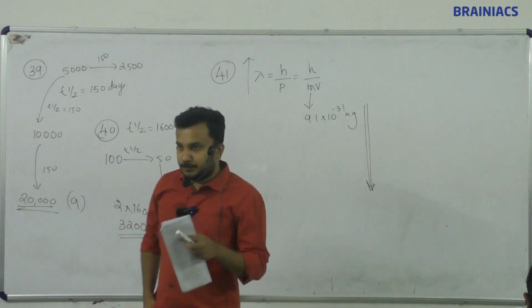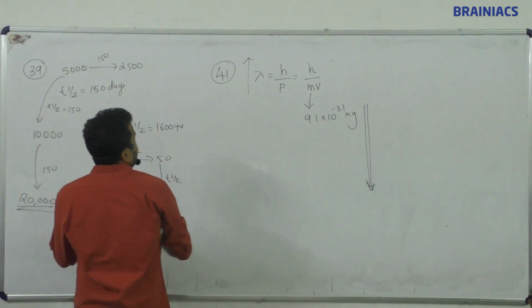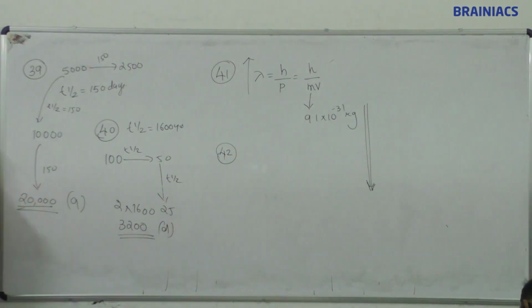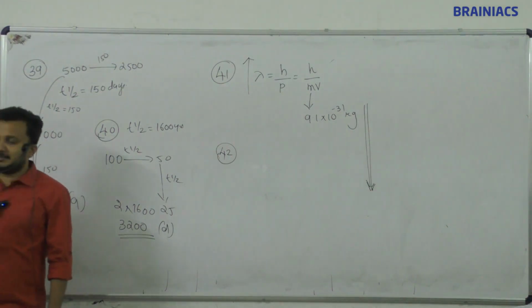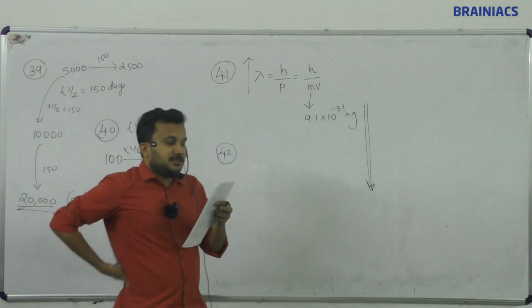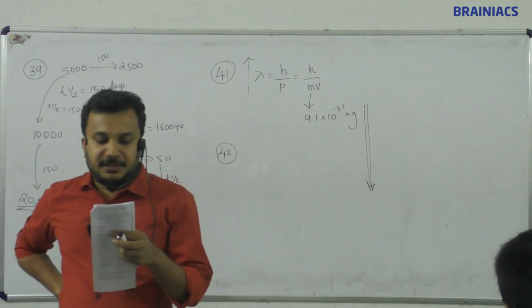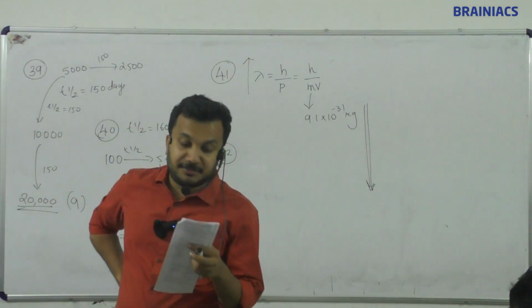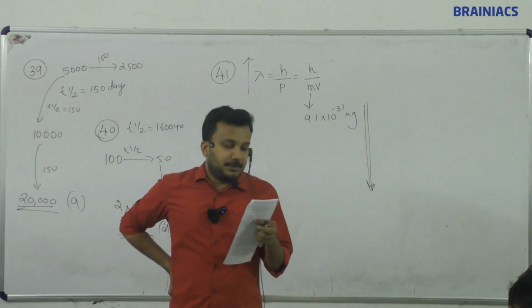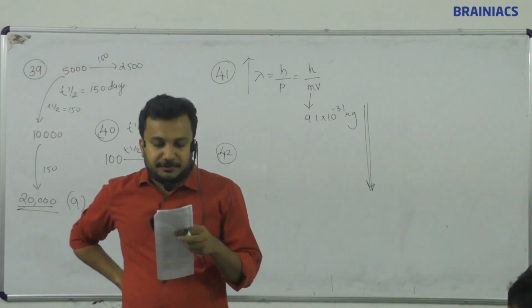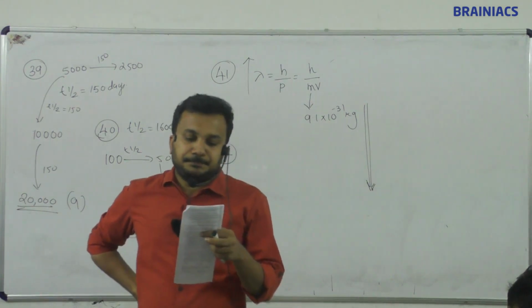Question number 42. If the total binding energy of 1H2, 2He4, iron and uranium nucleus are given, identify the most stable nucleus. It is iron 56. 42, A, iron 56 is the most stable.